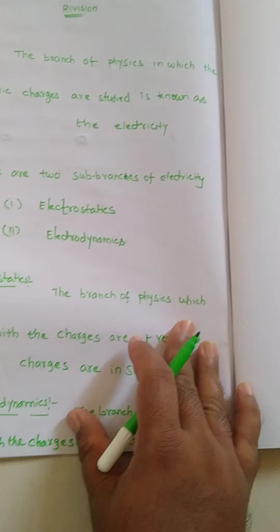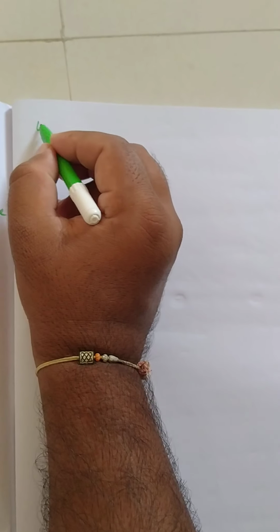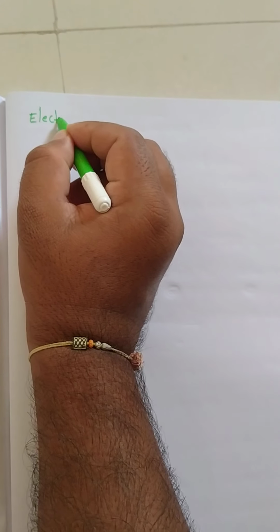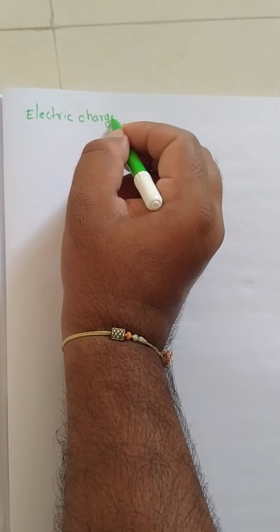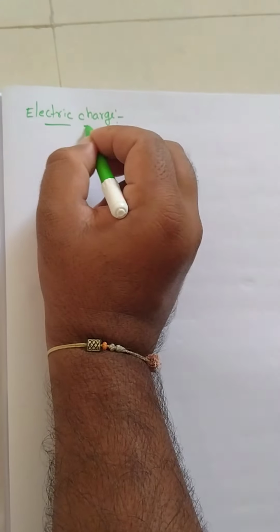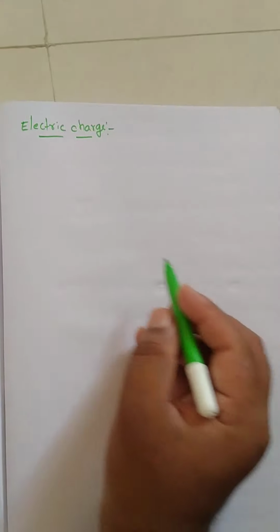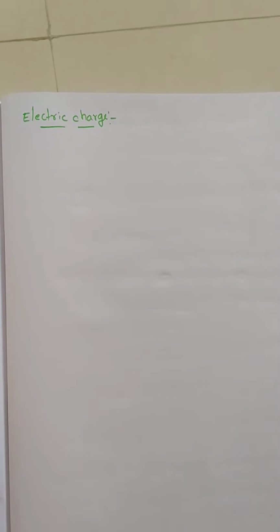So now I want to discuss with you about charge. It means electric charge. What is that? Actually, dear students, I already discussed the meaning of isolated when we discussed this electricity chapter.